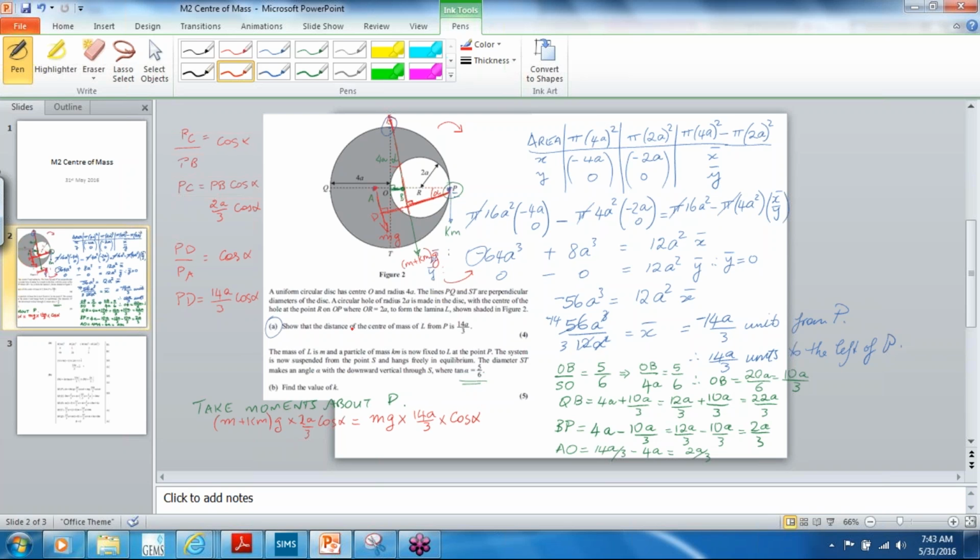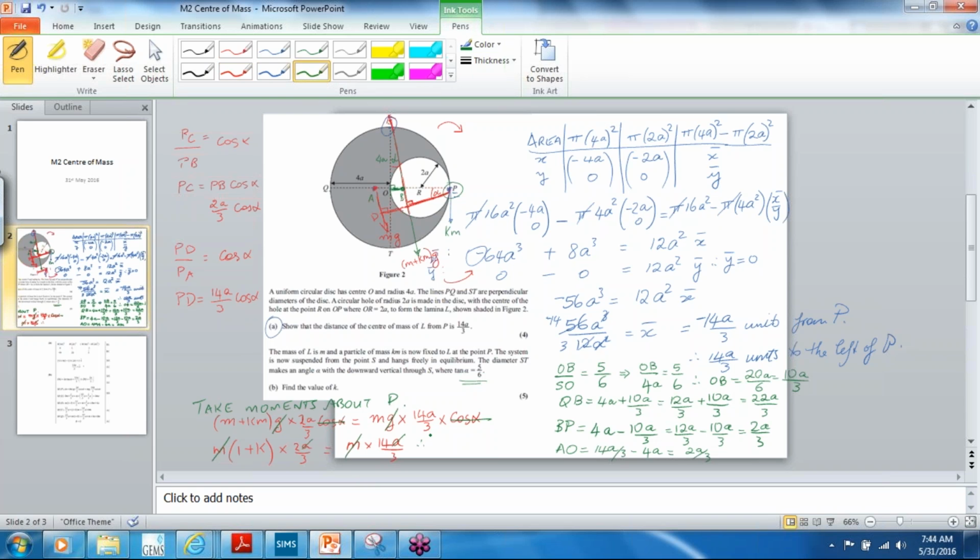All right, let's cancel these cos alphas, because we didn't have to find cos alpha. There's a g on both sides. And let's factorize this bracket here. (1 plus k) times 2A over 3 equals m times 14A over 3. Well, we can cancel the m and we can cancel A. That's convenient.